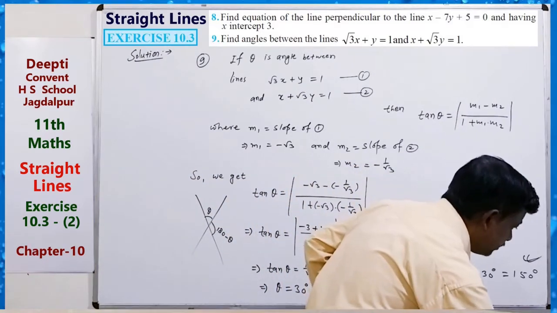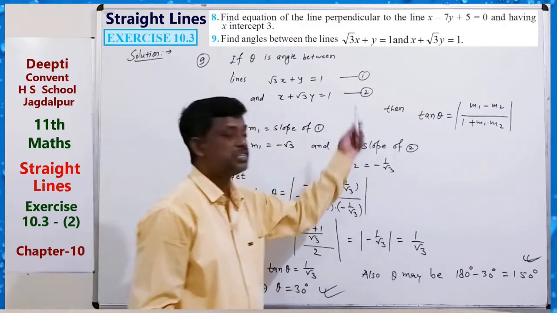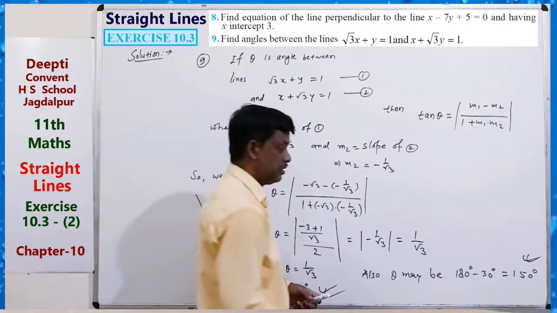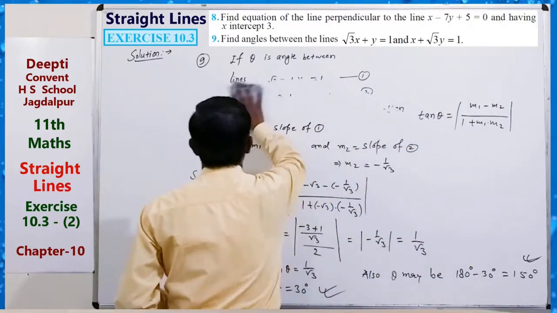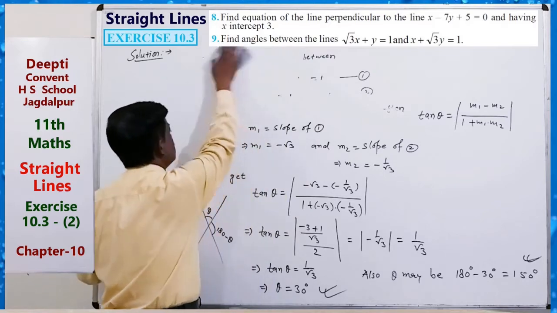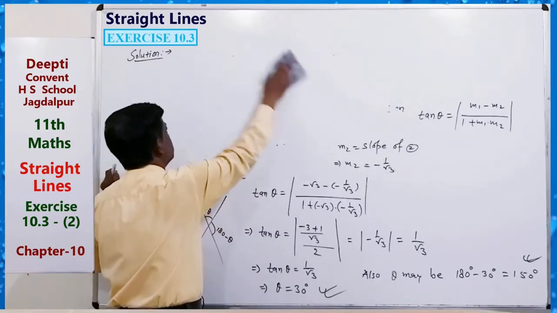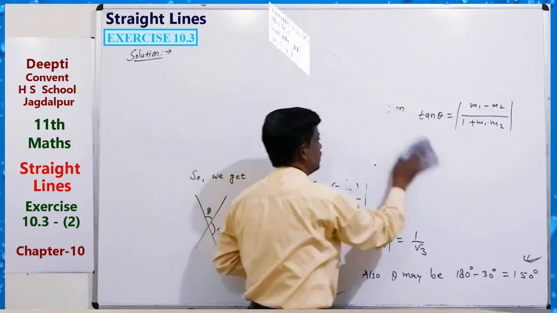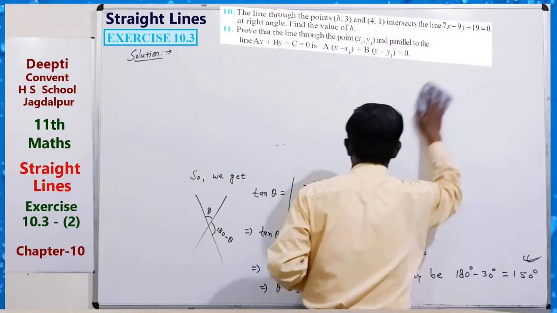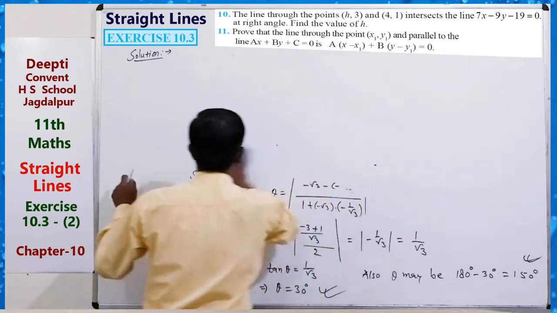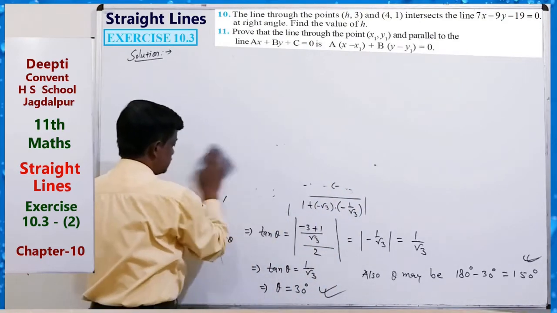Now question 10. We have to logically use the formula and try to find the equation of the line and the other things asked in the question.